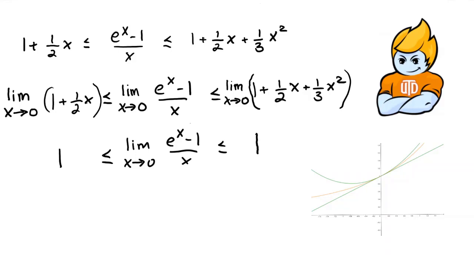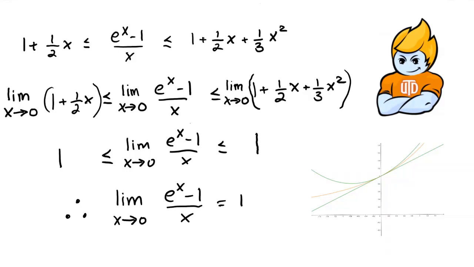So it seems that both the bounding functions go to 1 as x approaches 0, so our function, which is always in between, must also go to 1 as x approaches 0. That is, since the limit of our function is a number between 1 and 1, it must be, well, 1 exactly.